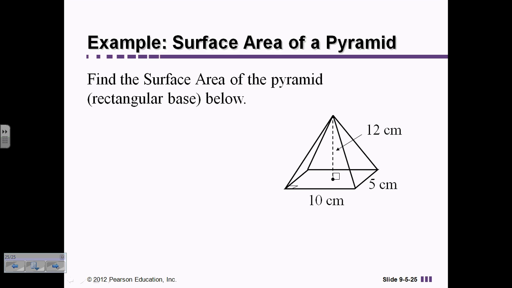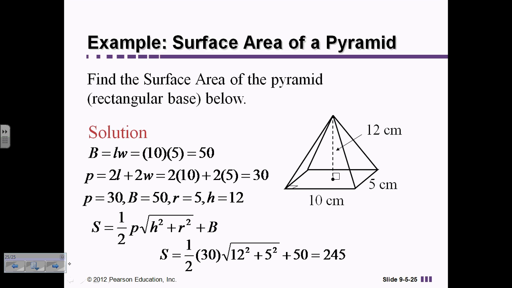All right, our last one. Our shape again, the bottom of the shape is a rectangle that's 10 by 5. So big B is 50. The perimeter is 2 times 10 plus 2 times 5, which is 30. So the perimeter is 30, big B is 50, R is 5.